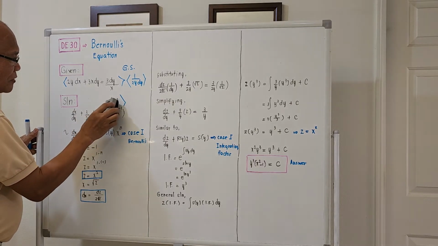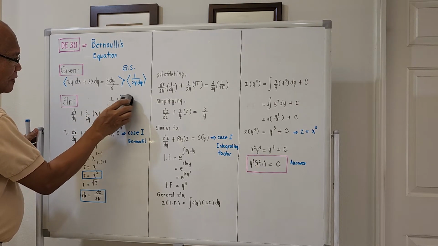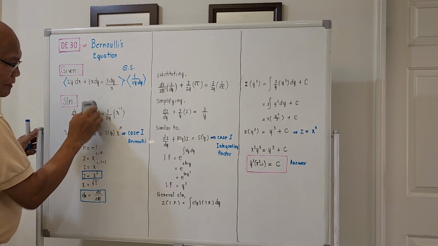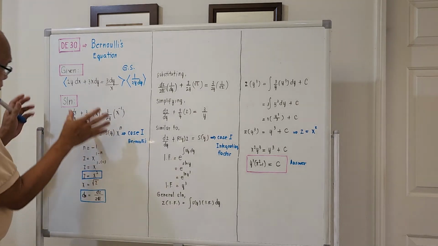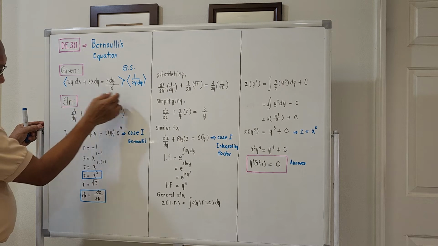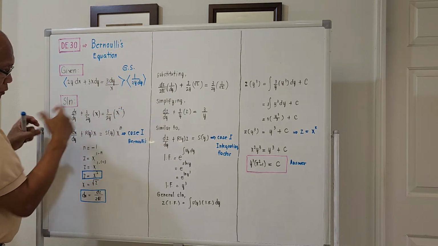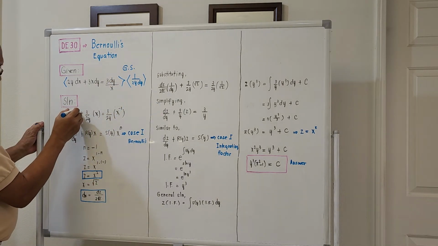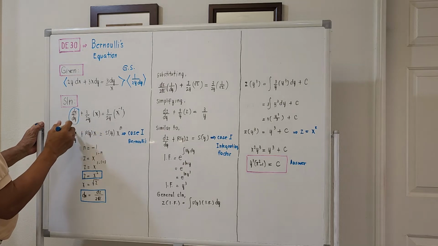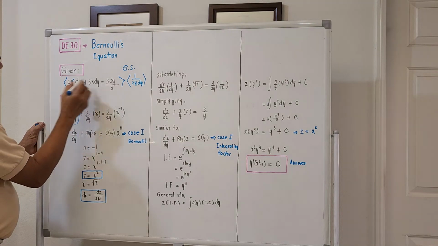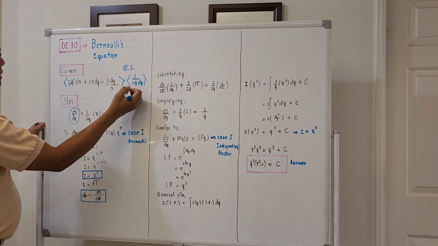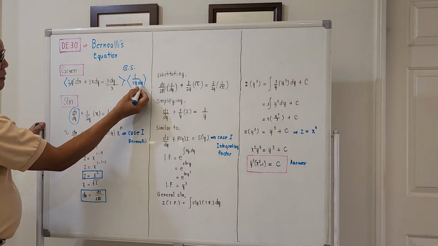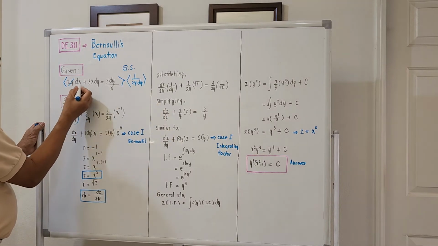I expedite a little bit our solution. So the given differential equation multiplied by this, what will come out for the first term will just be simply dx over dy, because this 2y cancels with this. What remains on the bottom will be dy. So this is dx over dy.